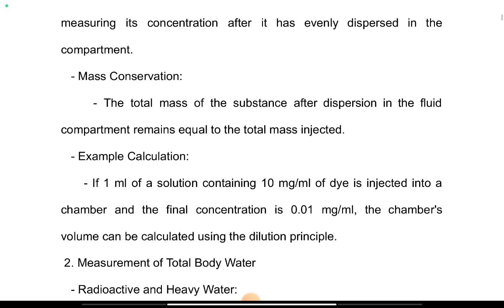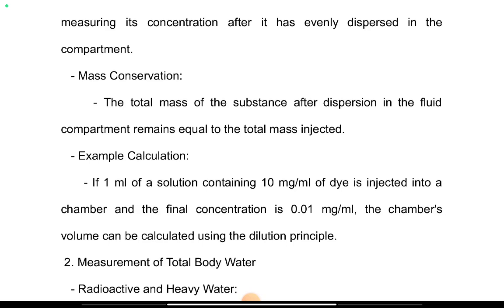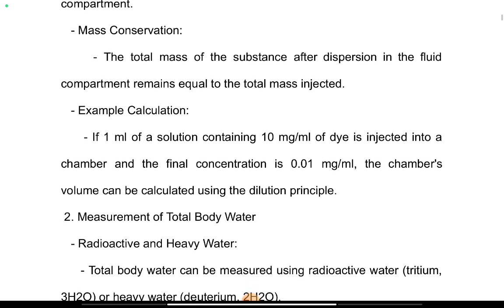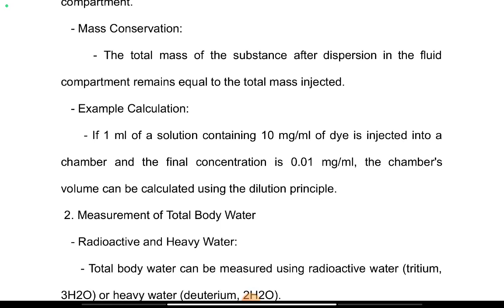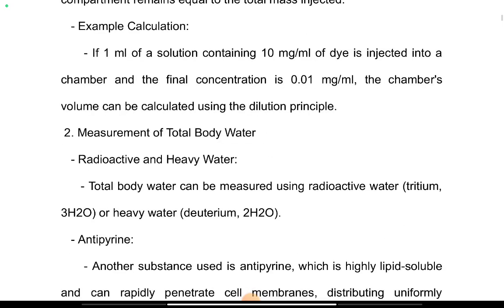After dispersion, the total mass of the substance in the fluid remains equal to the total mass injected. So if 1 ml of a solution containing 10 mg per ml of dye is injected in a chamber and the final concentration is 0.05 mg per ml, the chamber volume can be calculated using the dilution principle.